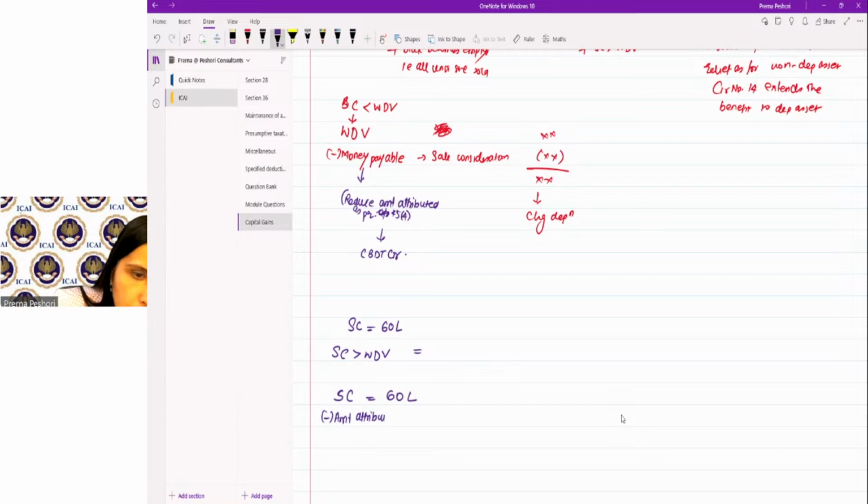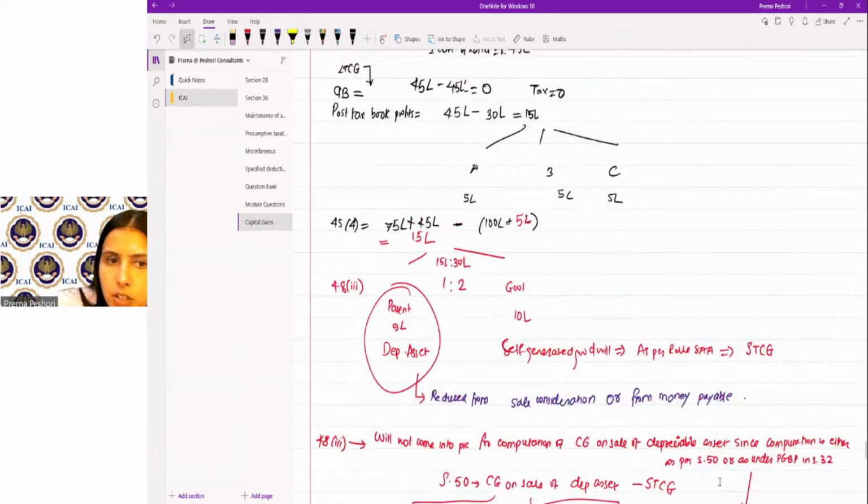amount attributed as charged under section 45(4) as per CBDT circular number 14. What is the amount attributed here? 5 lakh, right?